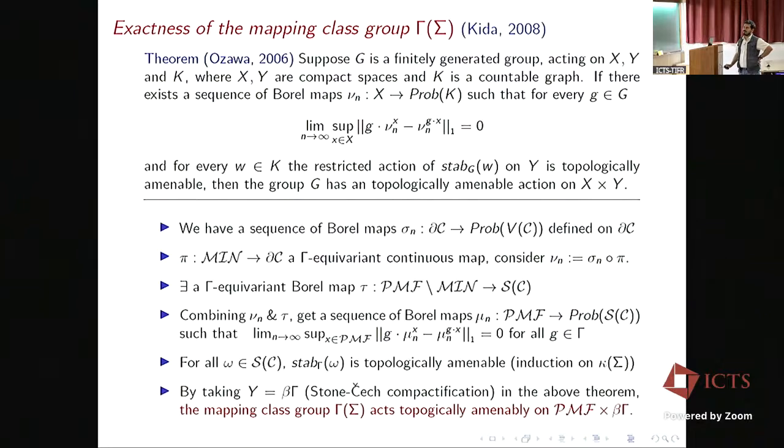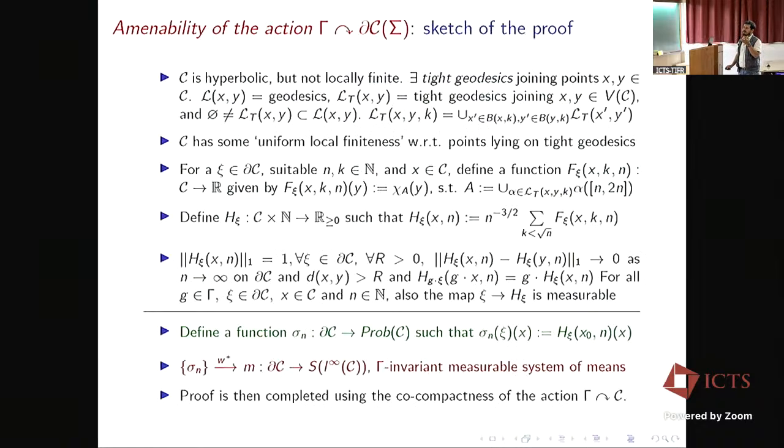We compose these two, we get a map from min to prob VC. And we also have another equivariant Borel map, not asymptotically equivariant or anything, on the complement of this set. So here on this set, we have a sequence of maps like these, which are asymptotically equivariant.